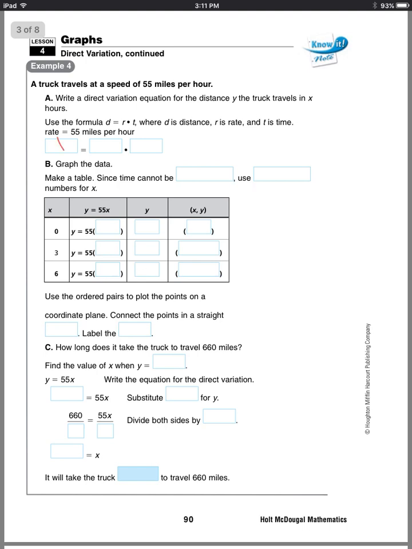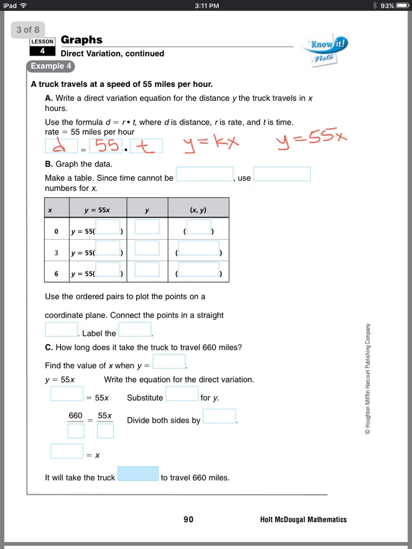So, we can put d equals 55t. Or we can write that as y equals kx, where our y and our d are the same. Our k is our rate, so that's 55, and our x. Okay?